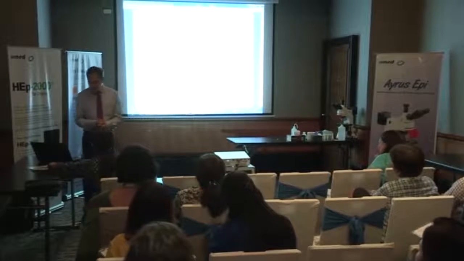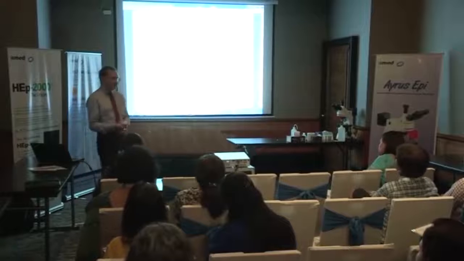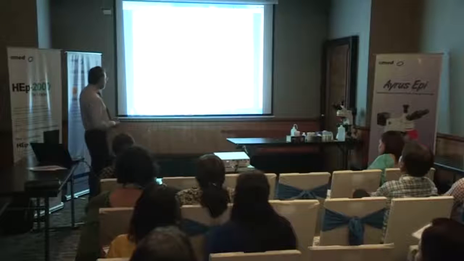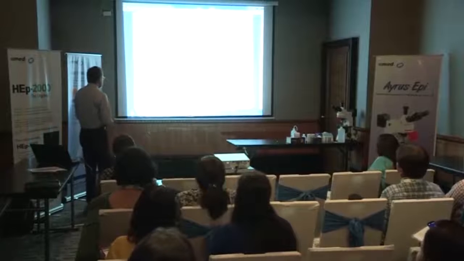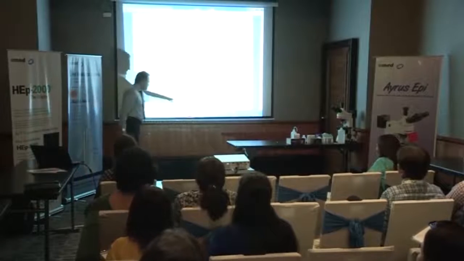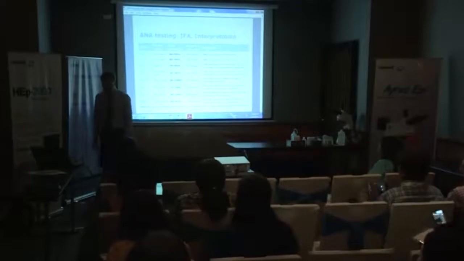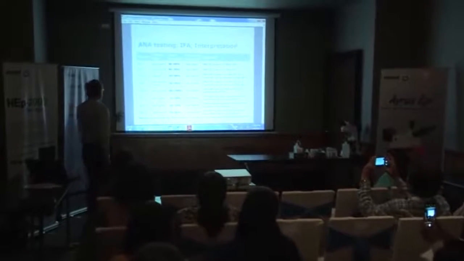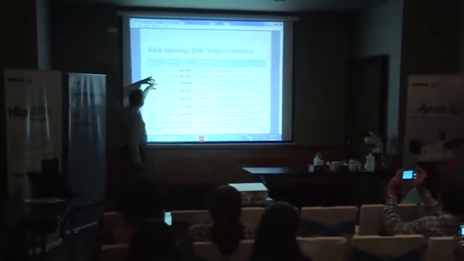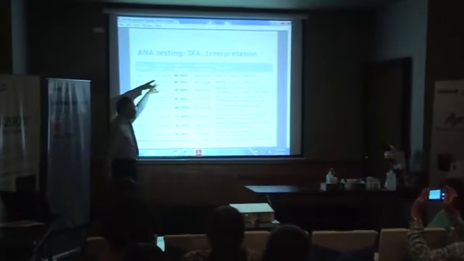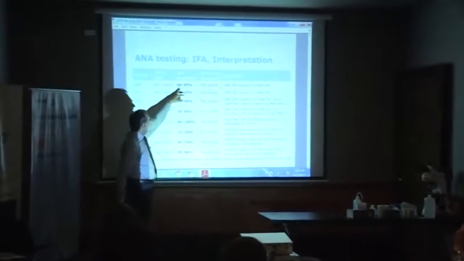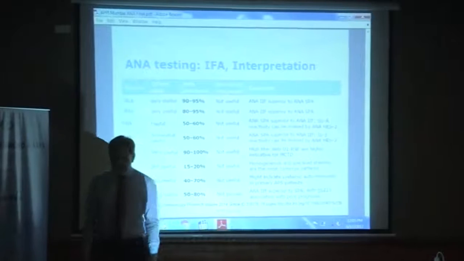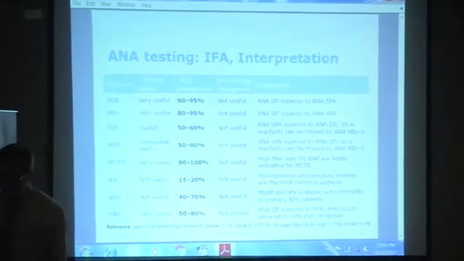Just to sum up the ANA testing for different diseases, a very good chart taken from one of the recent articles of 2014. What you see here is diseases and the clinical utility of ANA, the prevalence, and whether it can be used for prognosis or monitoring.